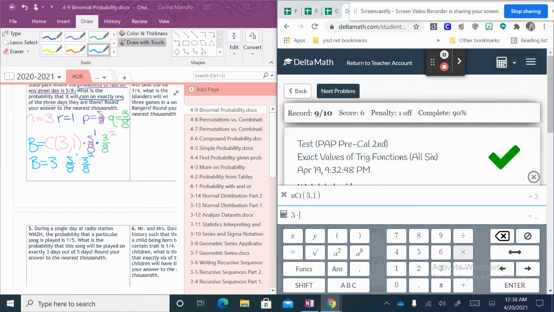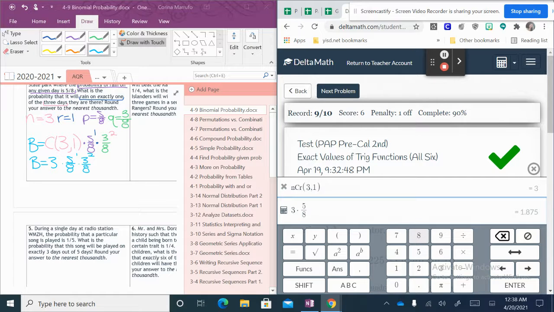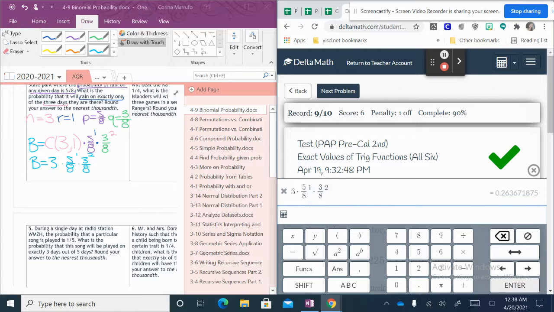We have 3 times 5/8 to the power of 1, times 3/8 to the power of 2. Enter, it gives me 0.264.